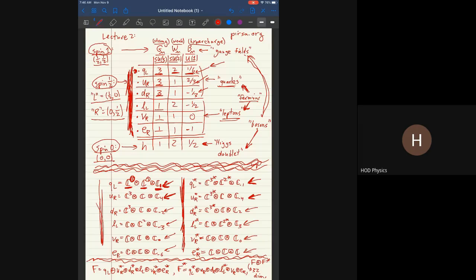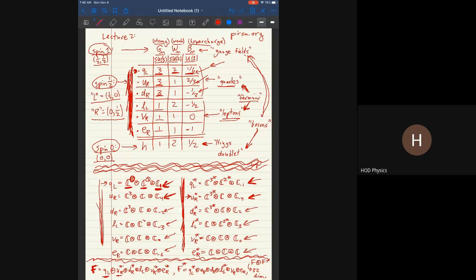I'm going to take all the left-handed ones and sum them and call that vector space F. So all the left-handed representations: Q left is a left-handed representation, U right is not, but its antiparticle, U right star, is left-handed. That does transform as a left-handed field under the Lorentz group.